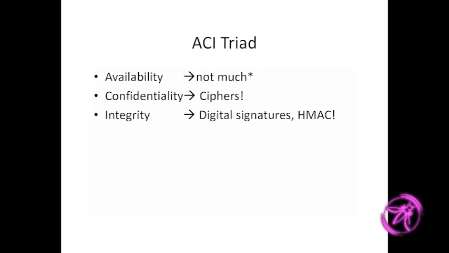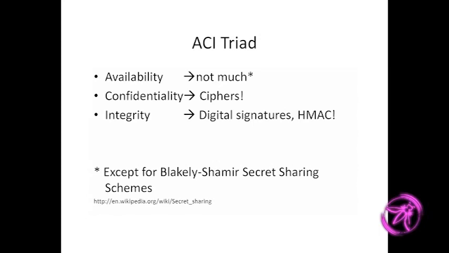And when it comes to cryptography, there's not a whole lot that can be done in availability. There's a little bit, but it's not very common. But for confidentiality, yeah, we can use ciphers, for example. But there's also integrity checks that can be done cryptographically, and that's an important part of cryptography that's often misunderstood or just unknown. There is an exception for availability.